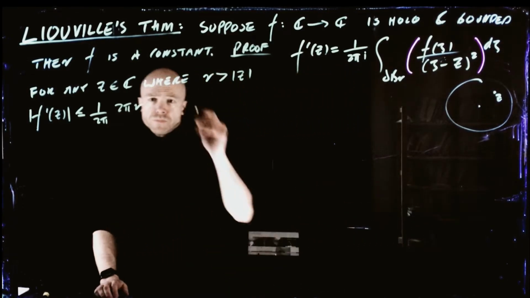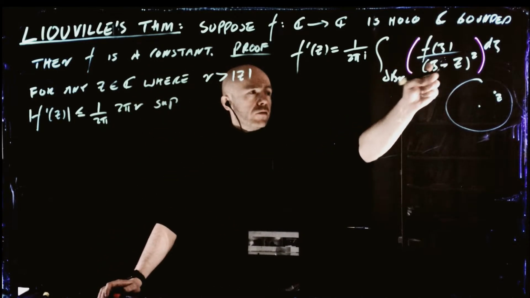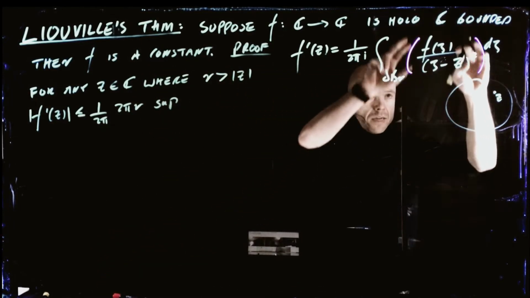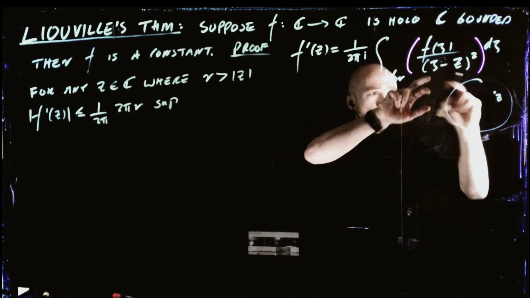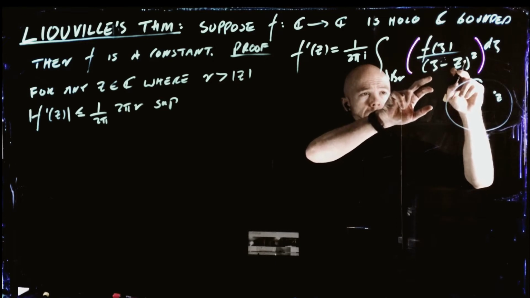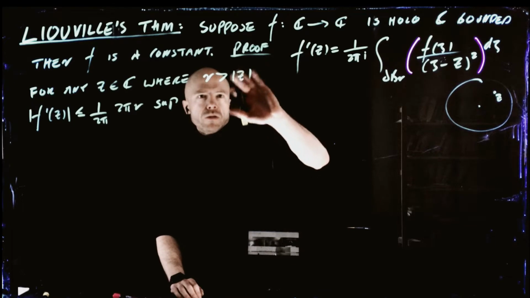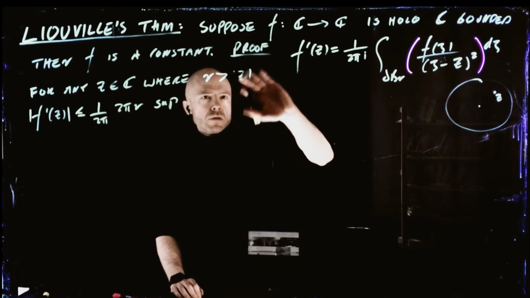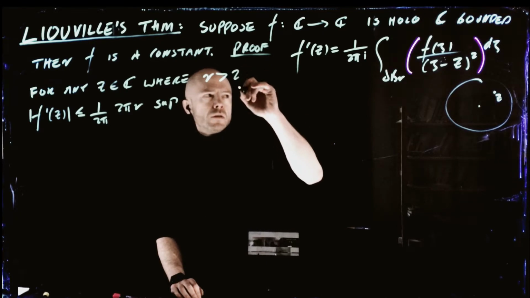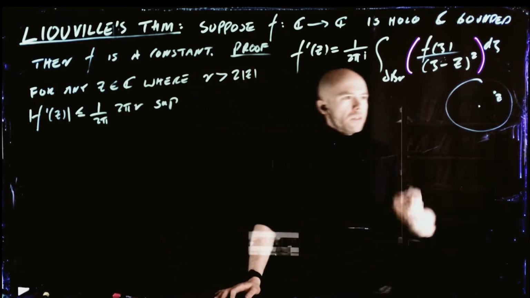Since zeta is going around the boundary of the curve, I want to take r to be bigger than twice the absolute value of z.